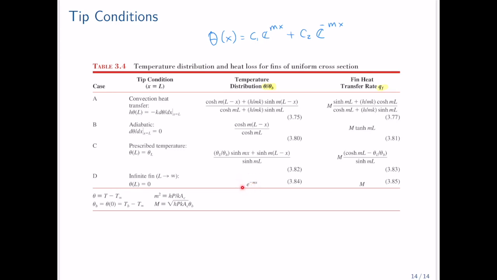This is the simplest mathematical expression for the temperature of all of these. Also, the approximation is quite big because we are assuming that the fin is very, very long and thin also. And the heat transfer rate is just given by M. So these are the possible solutions for the fin. Thank you.